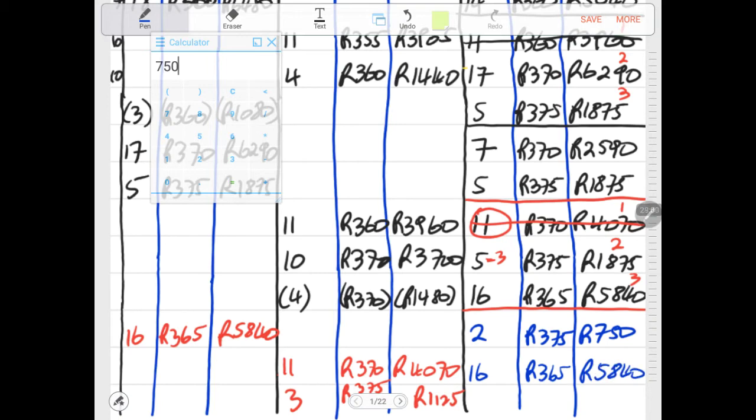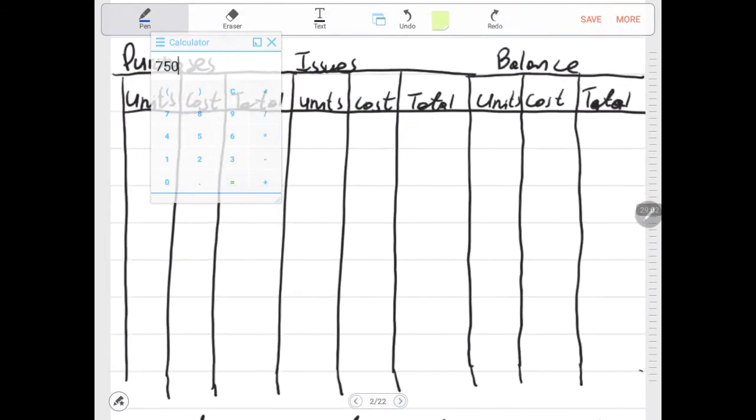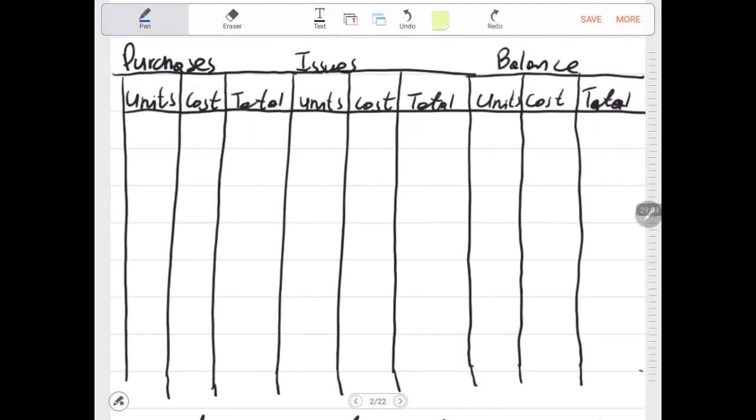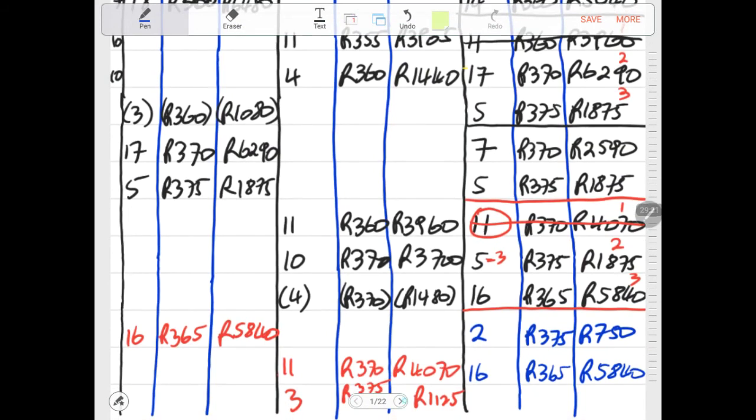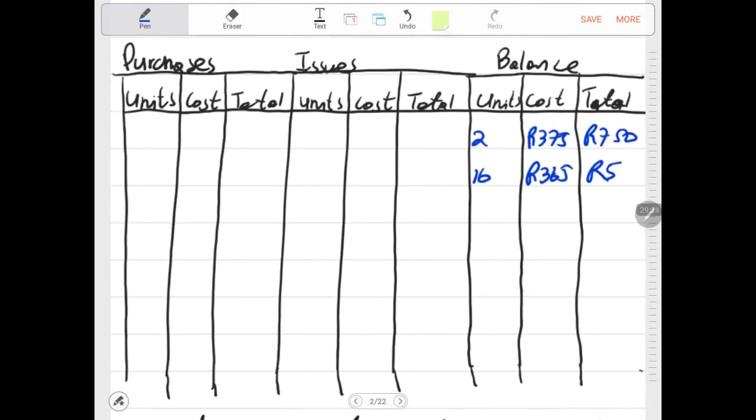So now that is what we have. 2 at 375 is the balance. I'm just starting a new page now. This is 2 at 375, which is 750, and 16 at 365. 16 at 365 is 5,840.